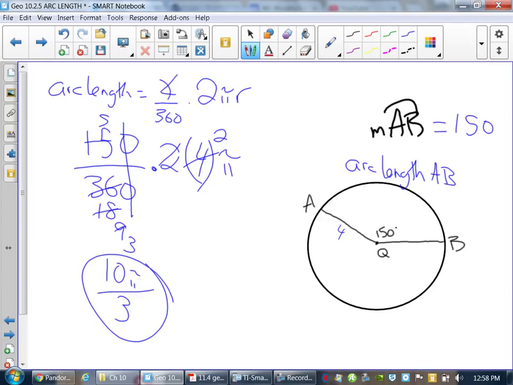All right. What if I had to find the arc length going the other way? ACB. What would that central angle be? What could you do to figure that out? If your one angle is 150, how many are left to get you all the way around the circle? 210.